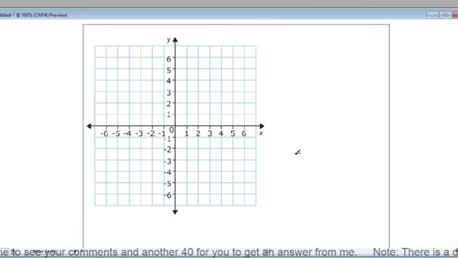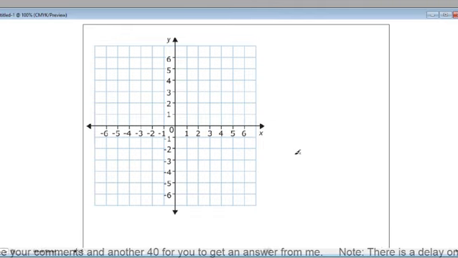The Cartesian grid was developed by a mathematician in France way back named Descartes. And Descartes is famous for a few things, but in particular, the Cartesian grid.